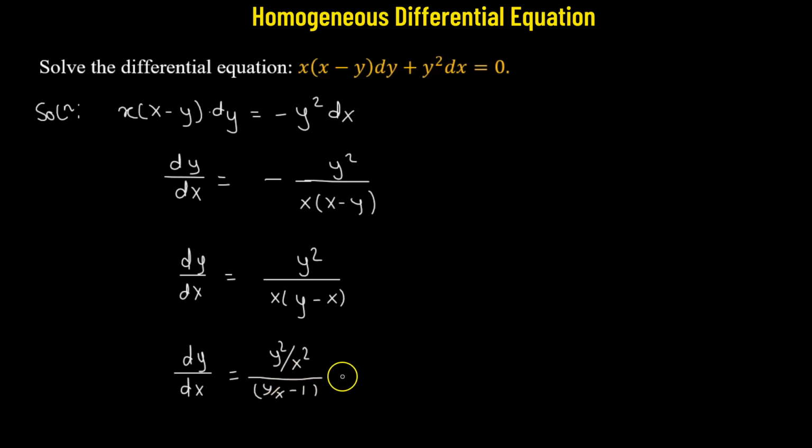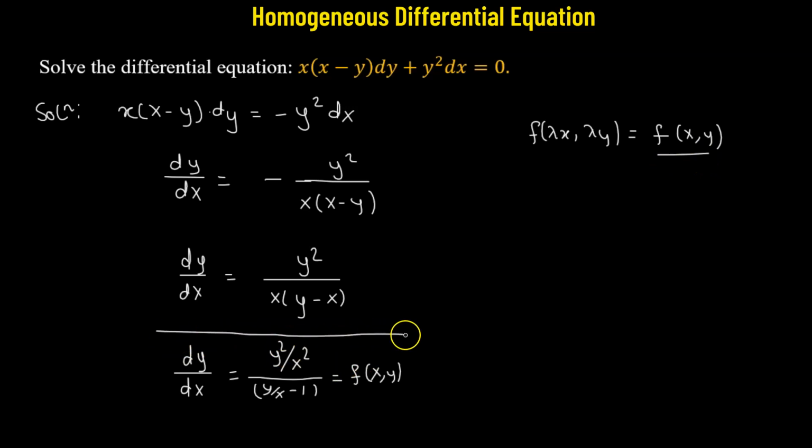Now, if we consider this to be the function f and substitute x with lambda x and y with lambda y, we'll see that our function gives back the original function. Whenever this criterion is met, we say that f is a homogeneous function. And since f is a homogeneous function, our differential equation is a homogeneous differential equation.